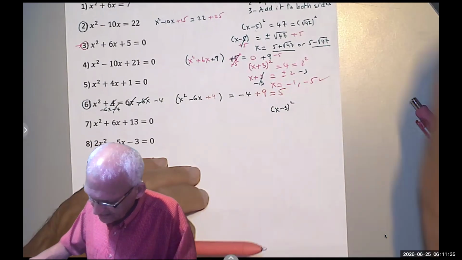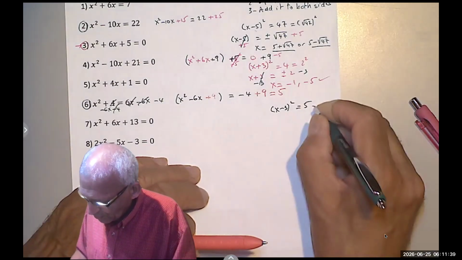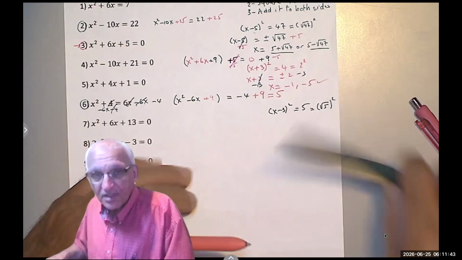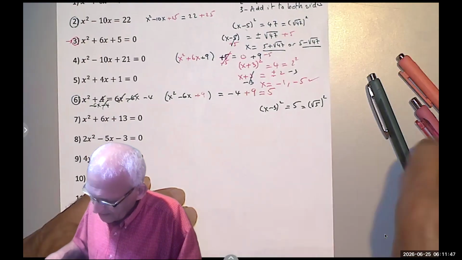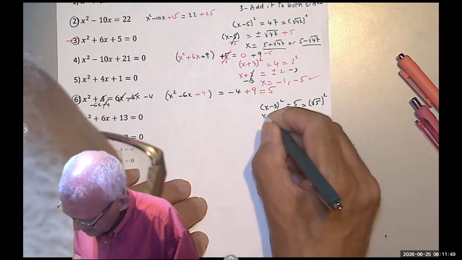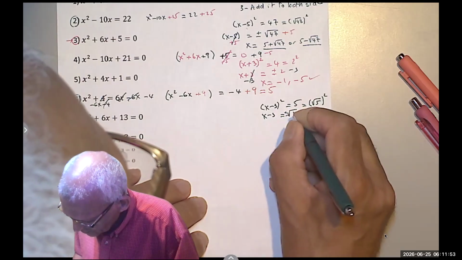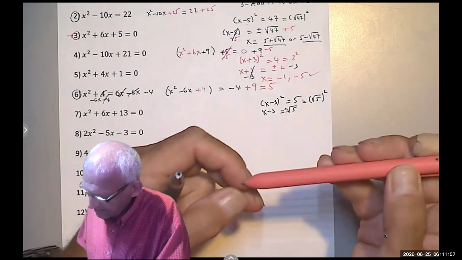So that equals 5. Or root 5, in fact, plus or minus square root of 5, which means x minus 3 equals plus or minus square root of 5. I'm going to add 3. Why this thing doesn't write?